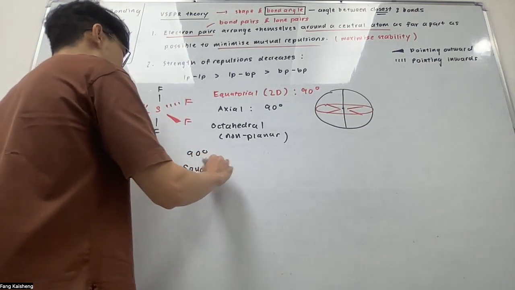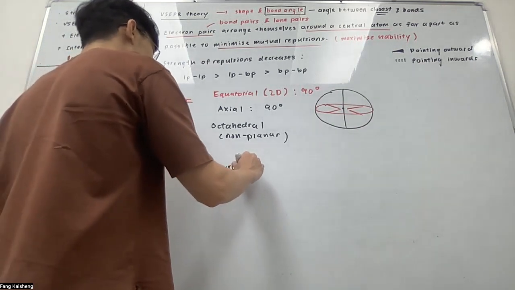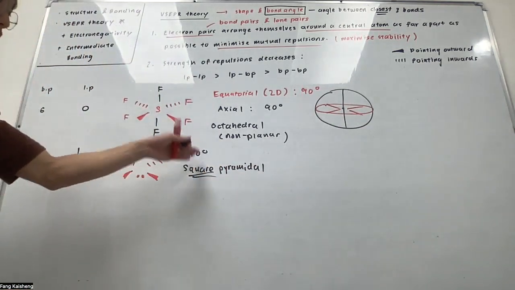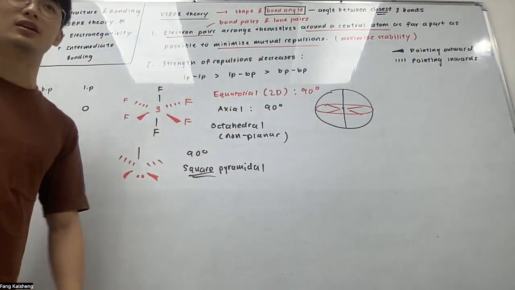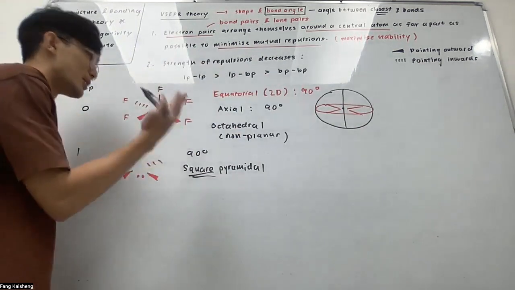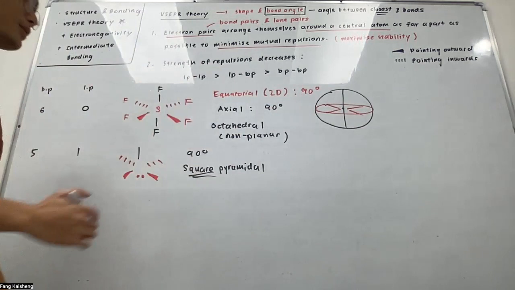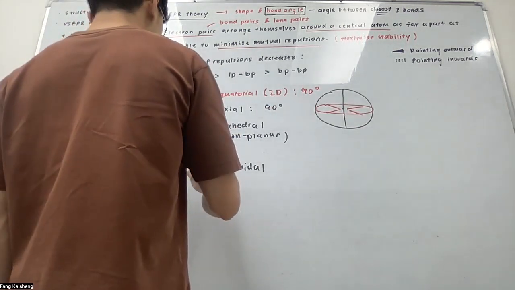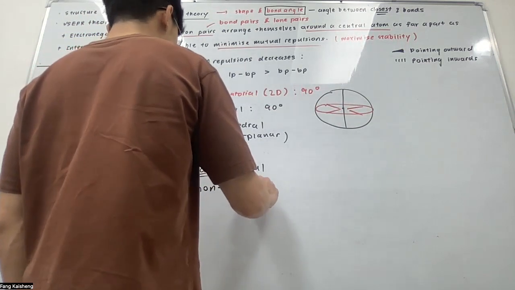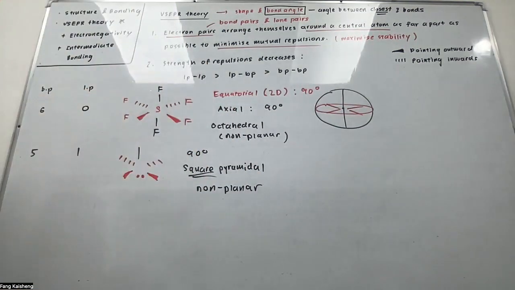This is called square pyramidal. Honestly, when you see the word square, just put 90 degrees. Don't think so much. It's still a non-planar shape, obviously, because you have an equator plus a north pole.